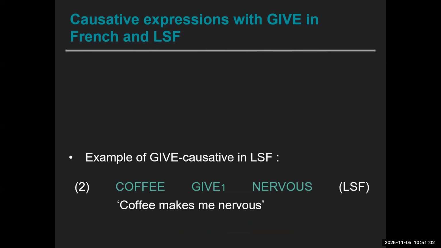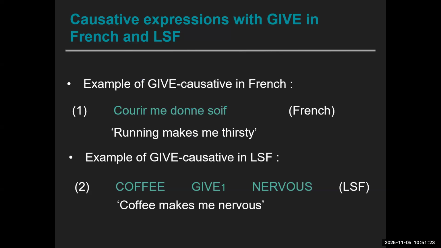So there may be some people in this room and online who are unfamiliar with causatives. So I'll give you an example. We have in LSF, coffee gives me nervous. Another example from spoken French.